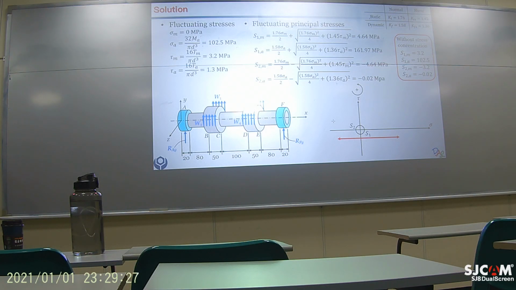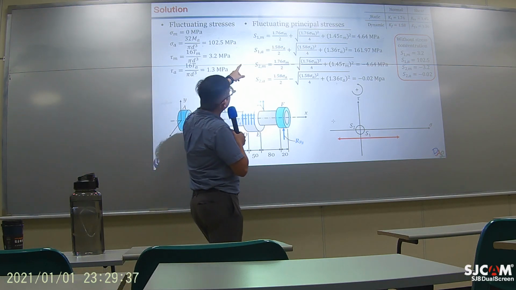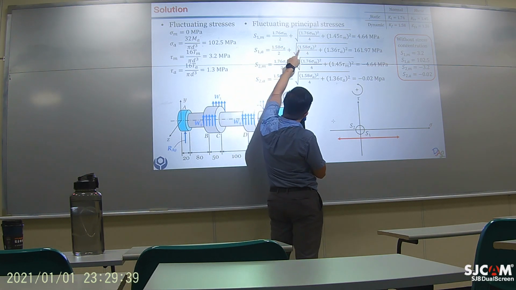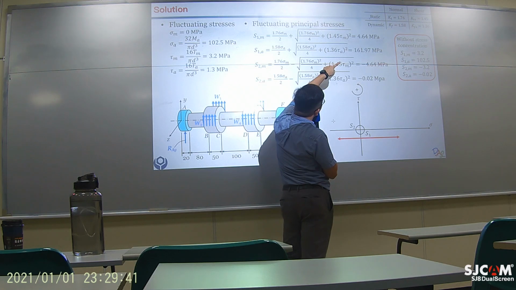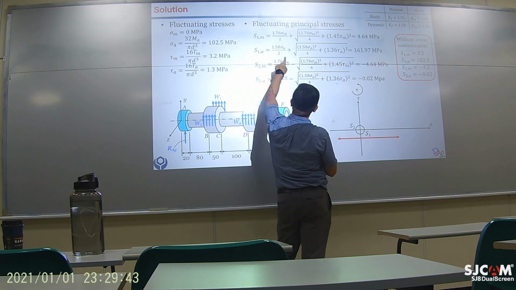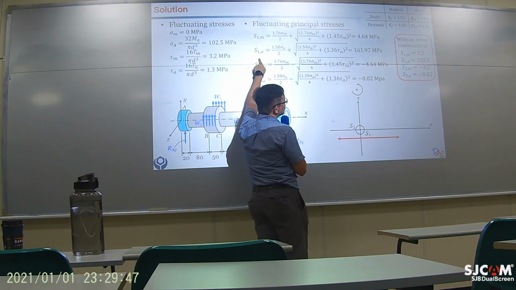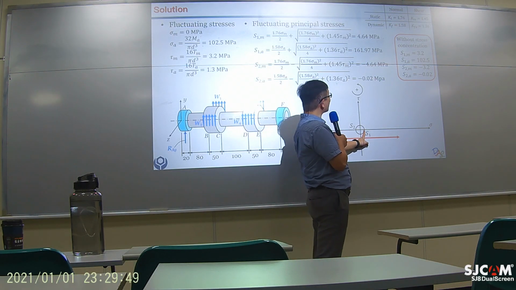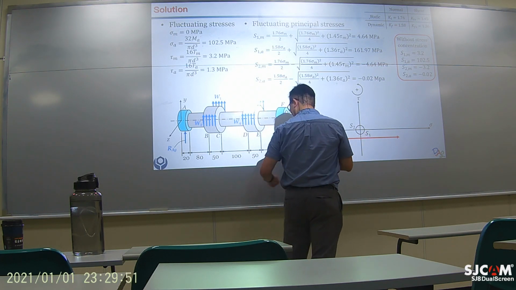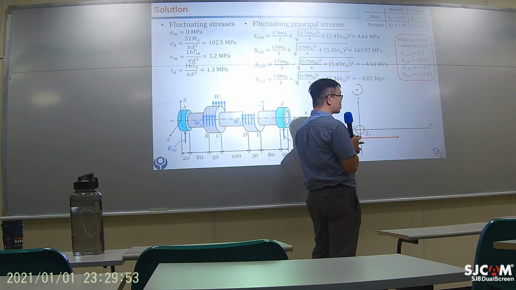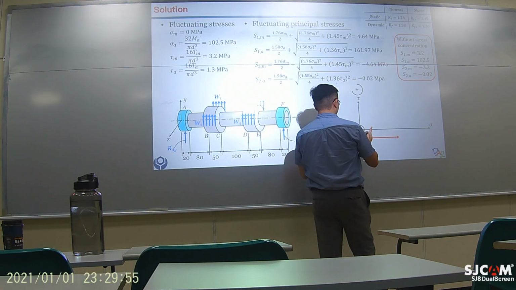But what will be interesting is that after you plug in the values, you realize the first principal stress becomes 4.6 megapascal, but the amplitude is 161. So it's like 4 plus and minus 161. So sometimes it flips to the compression part.